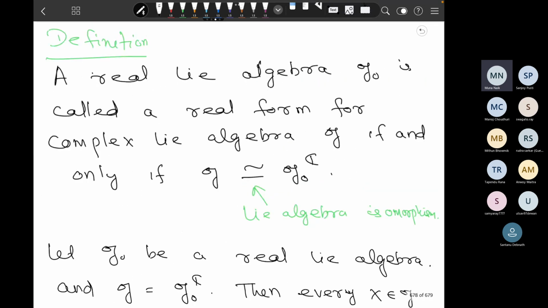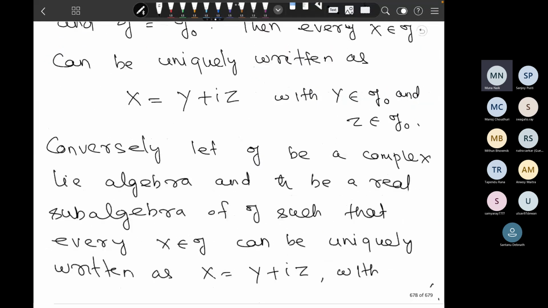So these two things are going to be important.